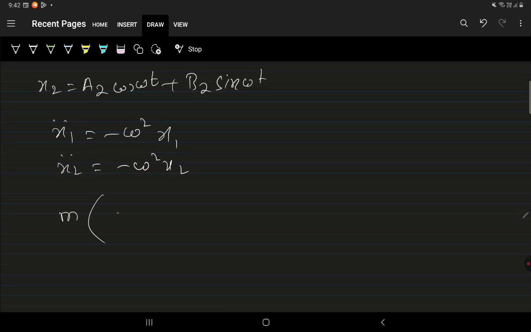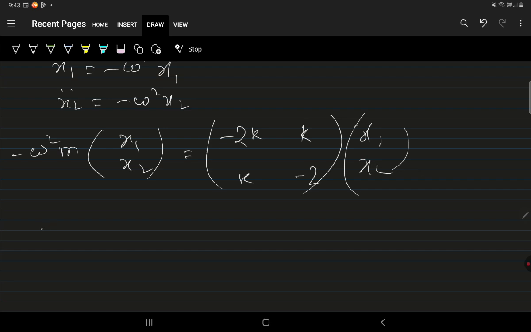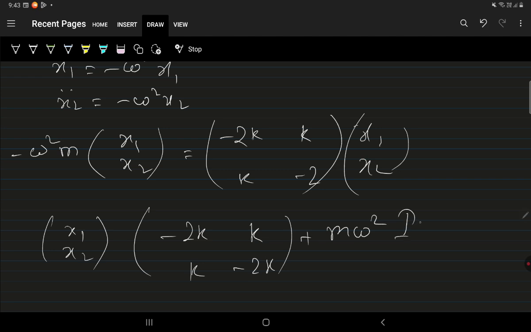So I can say negative of m omega square times x1, x2 equals the matrix minus 2k, k, k, minus 2k into x1, x2. So I can write it further as the matrix minus 2k, k, k, minus 2k plus m omega square into I, where I is an identity matrix of order 2 cross 2, acting on x1, x2.